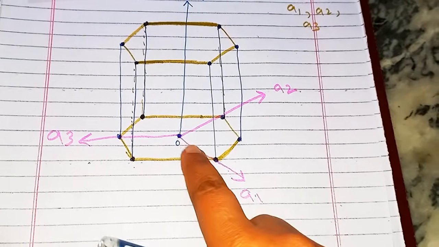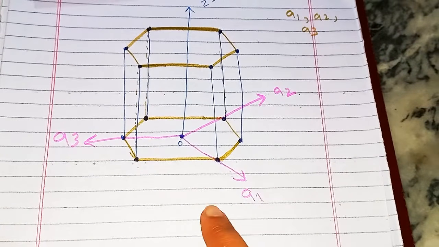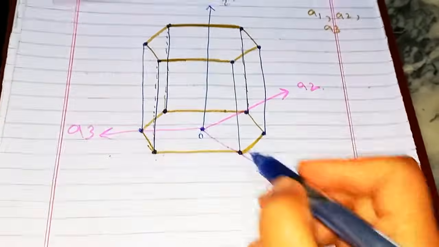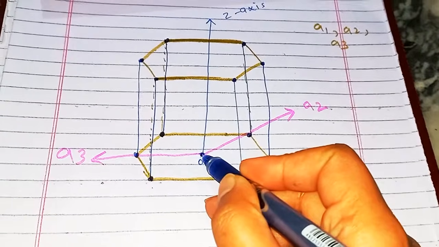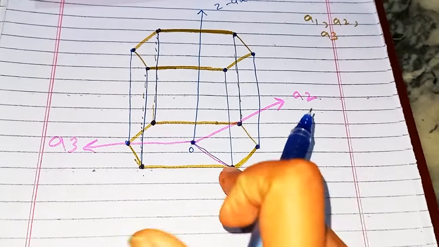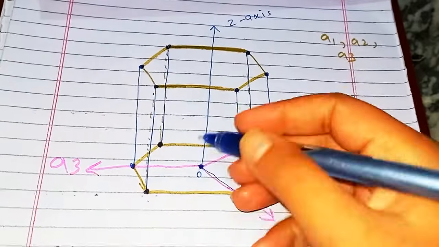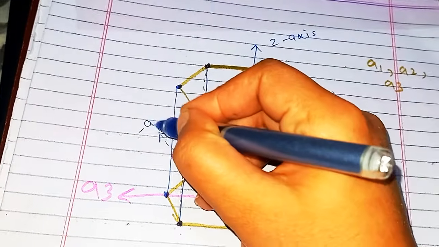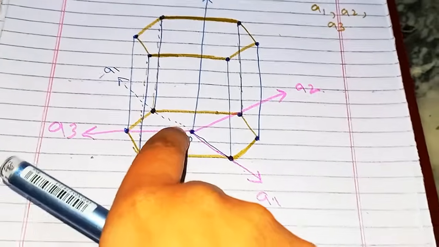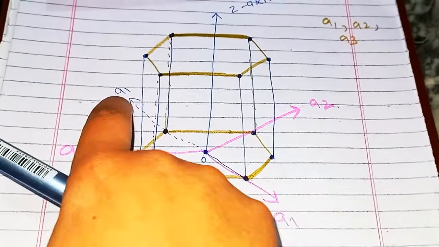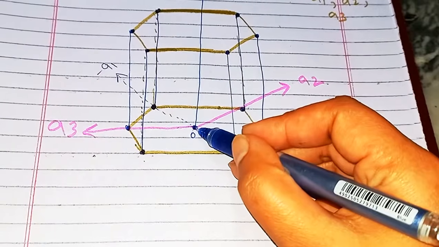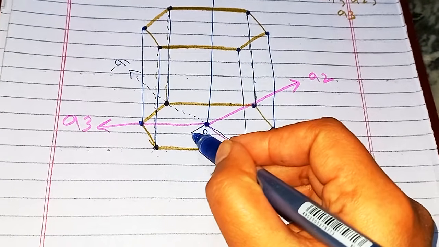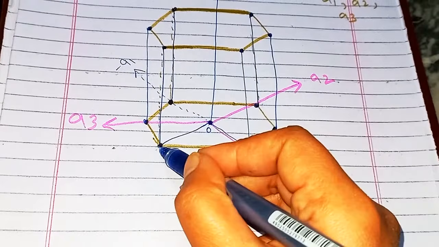As we have defined the positive directions, we need to define the negative directions as well, because we have negative indices as well. This is the origin, this direction is the positive a1 direction, and the direction directly opposite to it is the negative a1 direction. This direction is positive a1, this direction is negative a1. Similarly, this direction is positive a2, and the corner directly opposite to this corner is this corner.